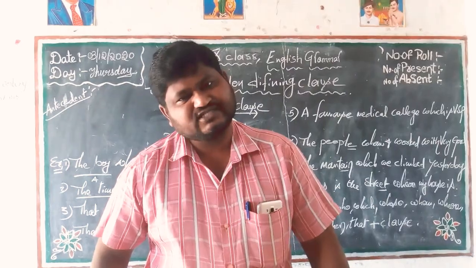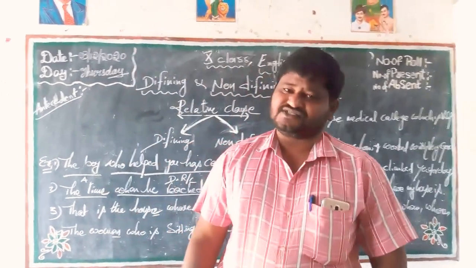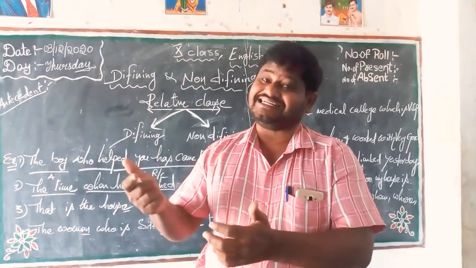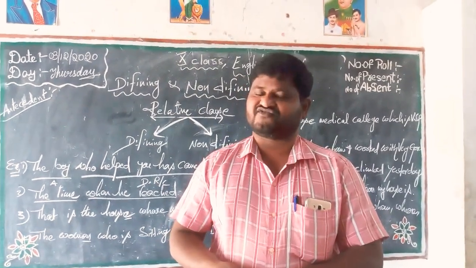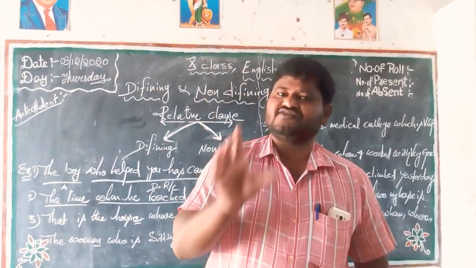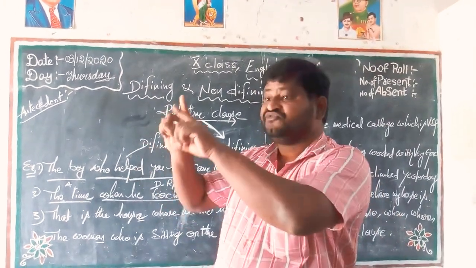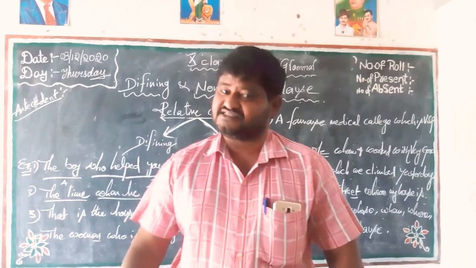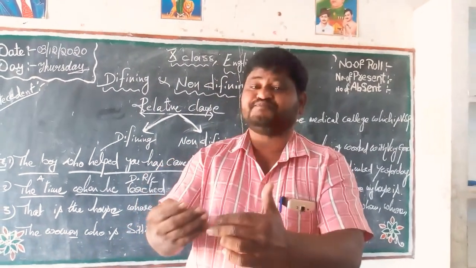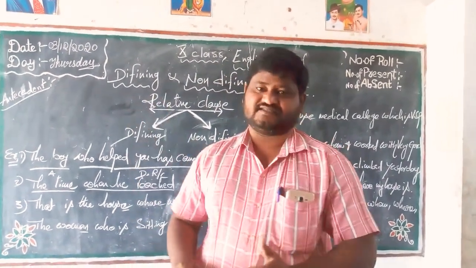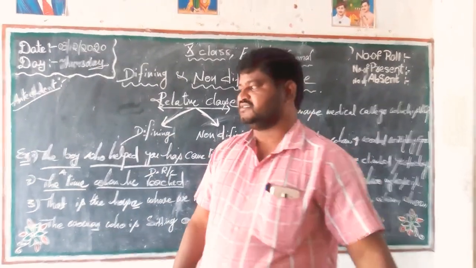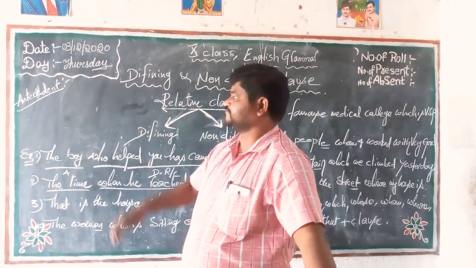What is defining relative class? Defining relative class means the class which is necessary to define its antecedent. Okay, my dear friends, the class which is necessary to define its antecedent, that is what we call defining relative class.